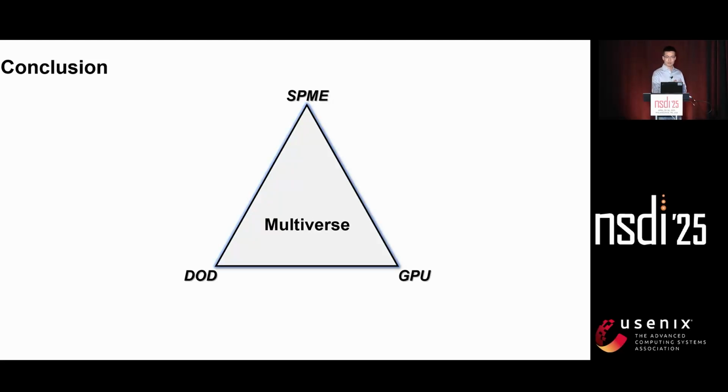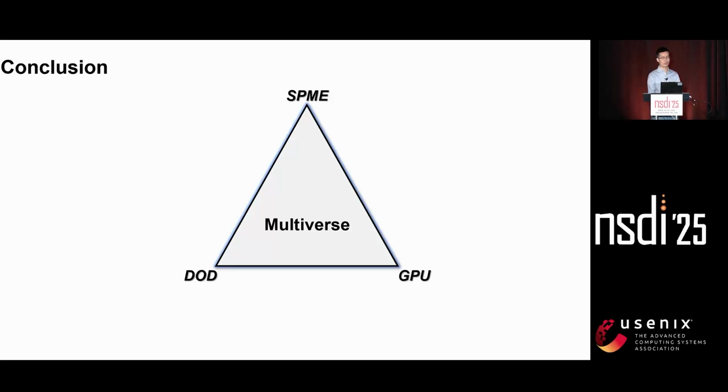So let's draw a conclusion. Simulation can be used to do design space exploration, which can help justify the investment in LLM training systems. So we built a GPU-based simulator, Multiverse, which takes single process multi-experiments and designs 3 techniques to address some challenges.